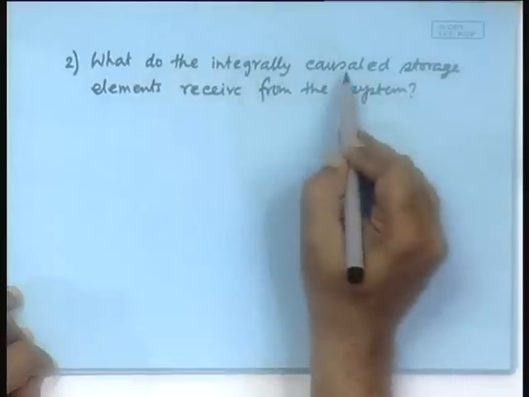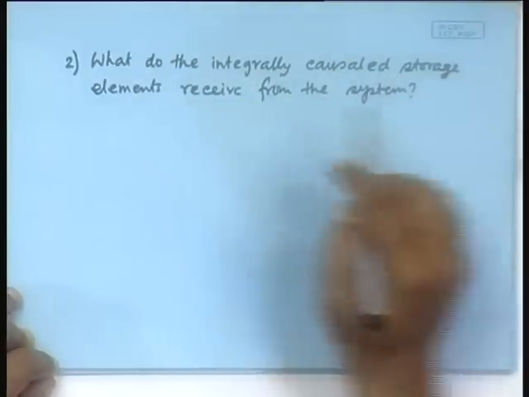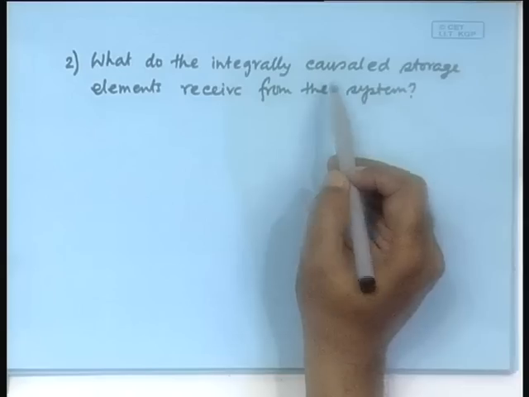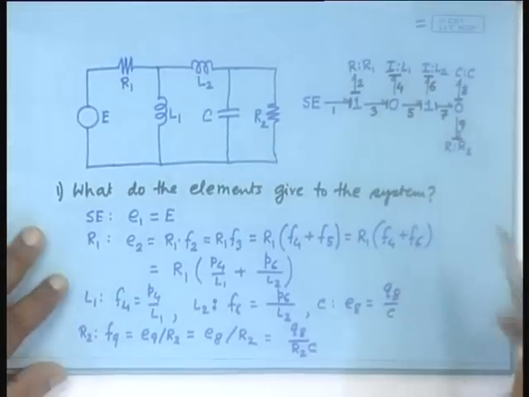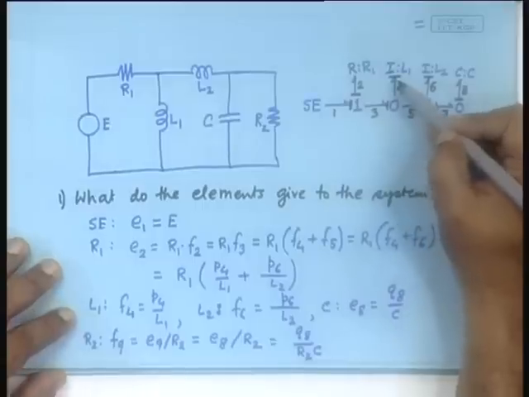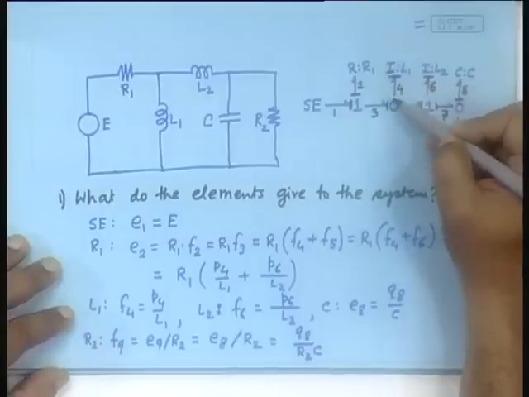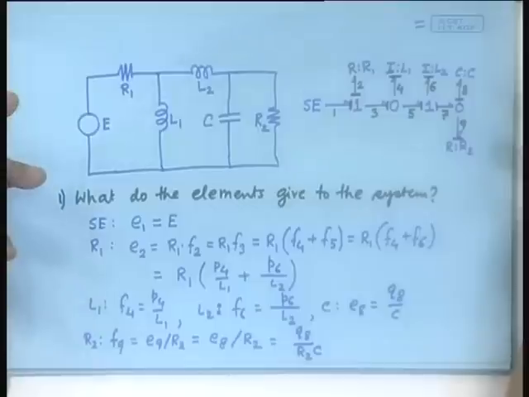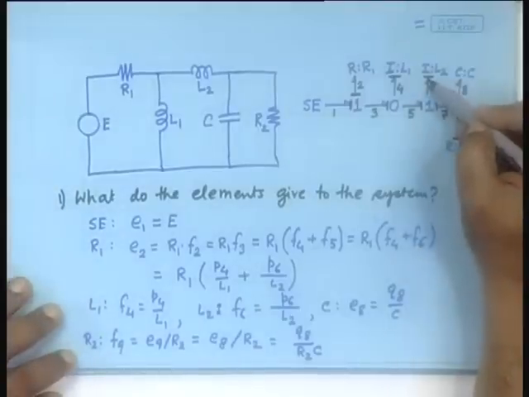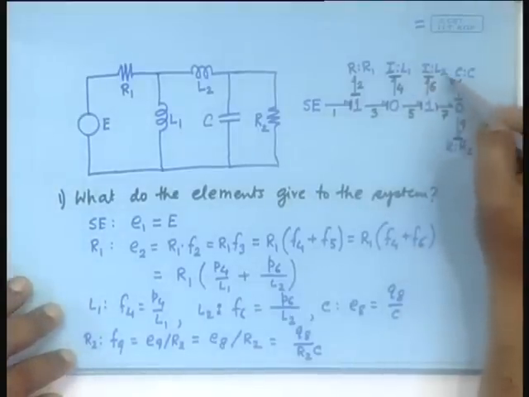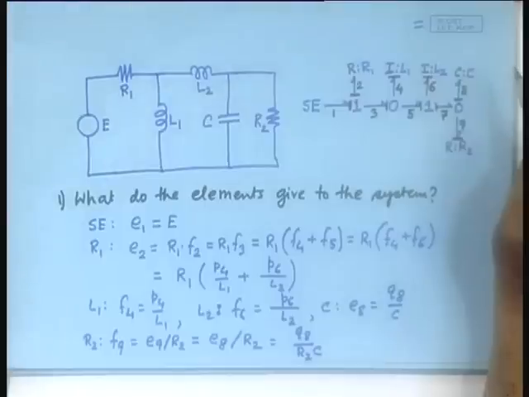Yes, this is important, though in this particular problem all the storage elements are integrally causal. Can you see that? For the I element, an integral causality is where the causal stroke is here, because then it is receiving the effort information, giving out the flow information, and they are integrally related. For this it is correct, for this it is correct, and therefore, all these storage elements are integrally causal.